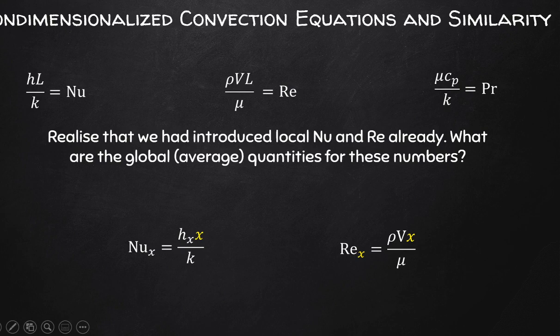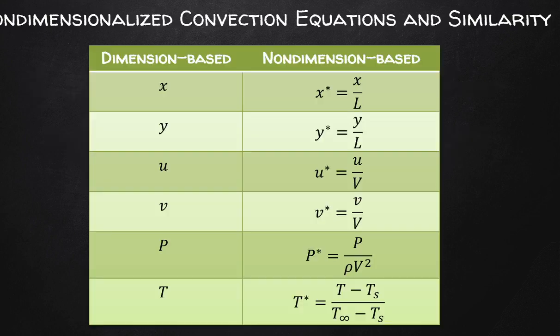So keep this in mind. There are equations for these in the textbook that you'll become familiar with once we start doing tutorials in this chapter. Now, it is also possible to non-dimensionalize other dimensions like x and y and the velocities that we are typically going to use in heat transfer. And this is important, as we'll see later when we develop an analogy for heat transfer.